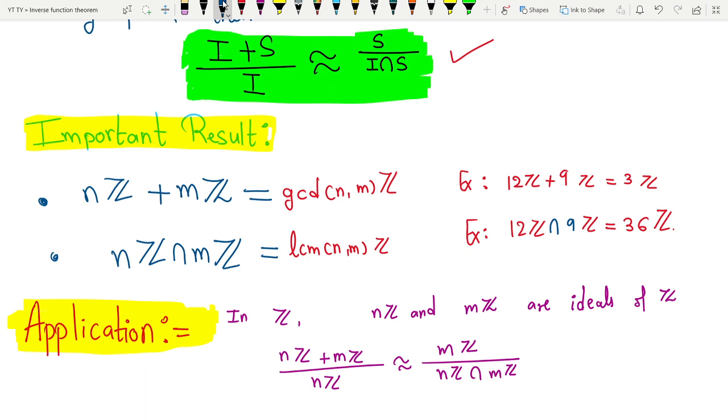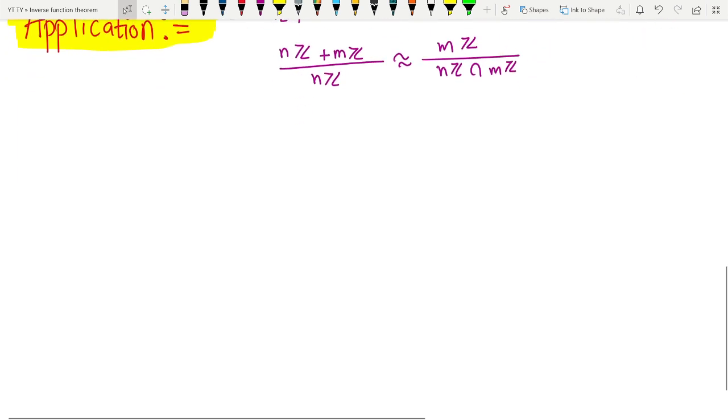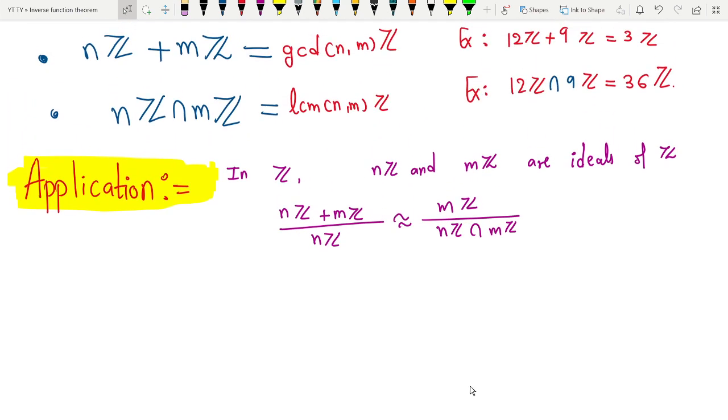So ultimately, what we found is nZ plus mZ upon nZ is isomorphic to mZ upon nZ intersection with mZ. That is nothing but the last statement that we have got. Let's come over here. Can we generalize this further? As we have learned, whenever you add, you get the GCD.